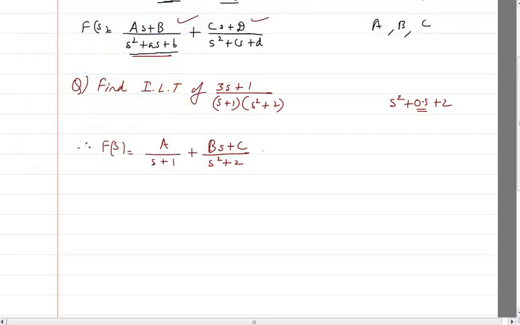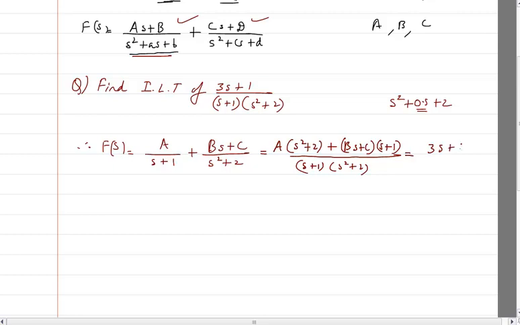so now I am going to cross multiply. So it is A into s square plus 2 plus Bs plus C into s plus 1, and the denominator is going to be s plus 1 into s square plus 2, which is same as the function 3s plus 1 divided by s plus 1 into s square plus 2.